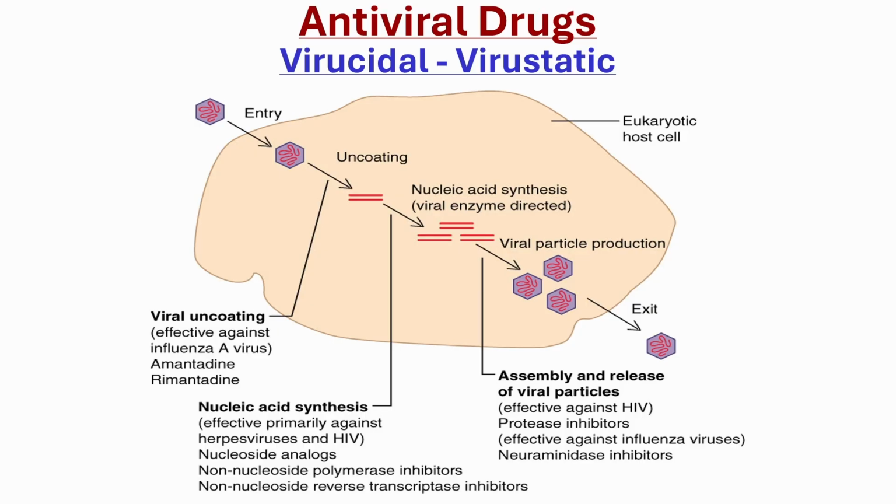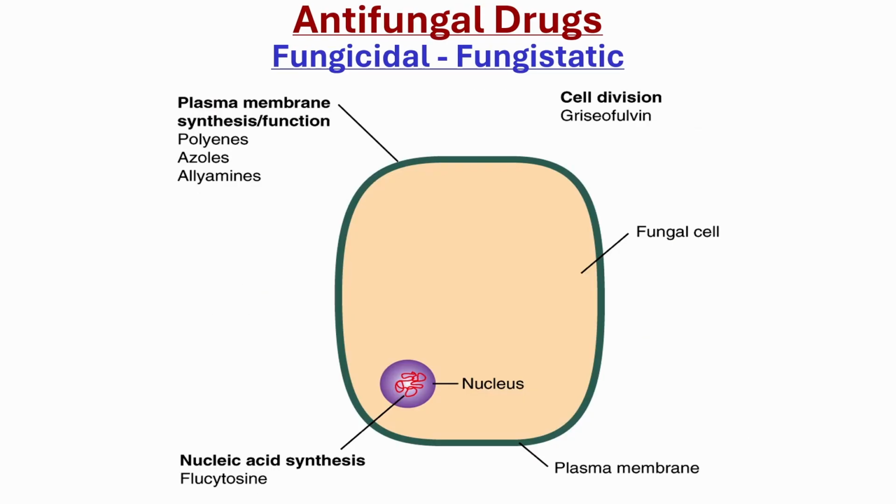We could attack the virus's main mechanisms of assembly and escape from the cell after it has reproduced. Similarly, with fungicidal and fungistatic drugs, we can attack their nucleic acid synthesis, we could attack the cell membrane, we could attack their cell wall as well. We could also attack their ability to reproduce.